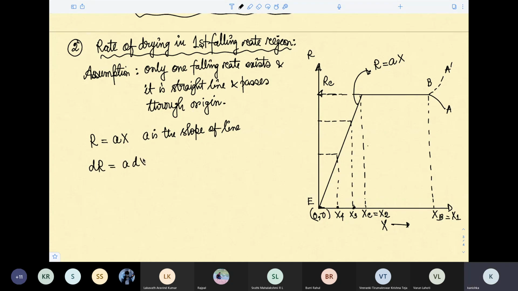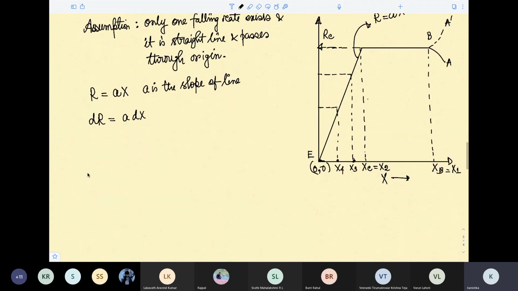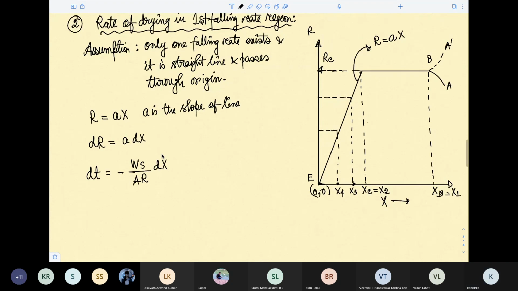a dx. Okay. Now we have dt. So this is the expression, you remember, minus ws by A r dx, because the general expression is r equals minus ws by A dx by dt. So that's the general expression.